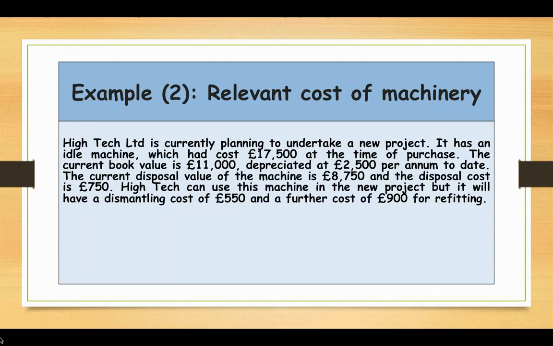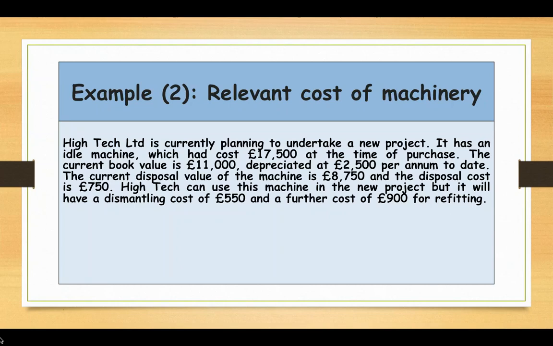The current disposal value of the machine is £8,750, which is a relevant cost, and the disposal cost is £750. So if the company is disposing of this machine, they will get 8,750 take away the disposal cost of 750, so a net income of £8,000.